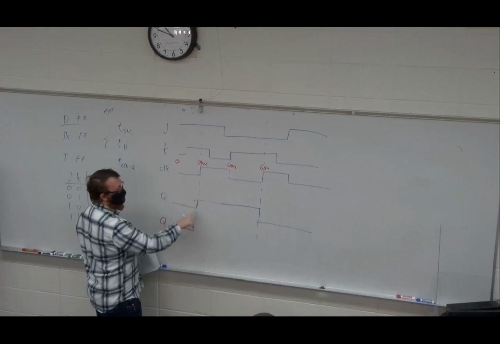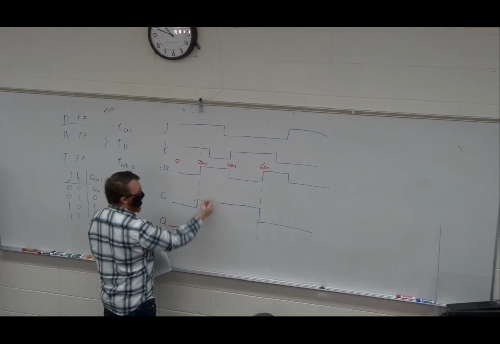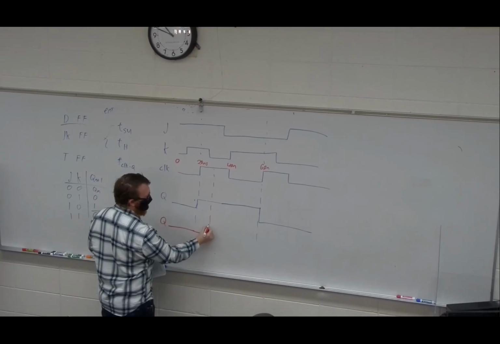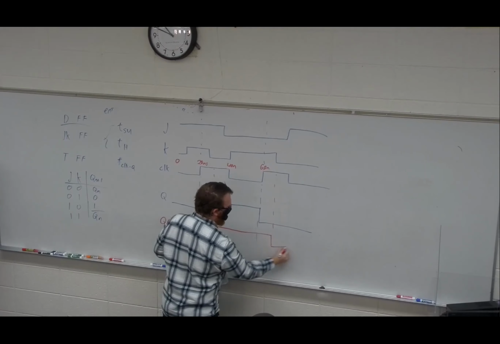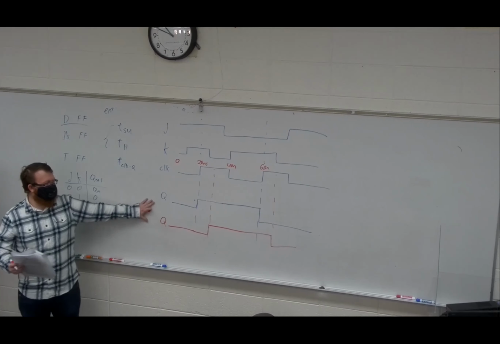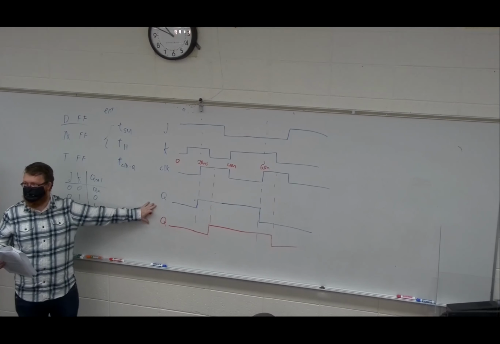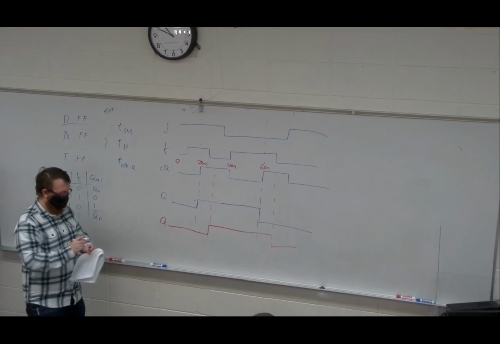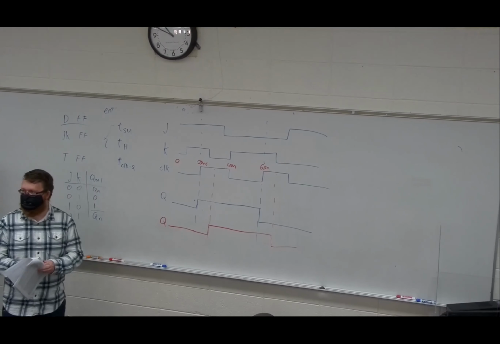This happens. We change from 0 to 1. We already know that. But the clock to Q is 10 nanoseconds. So that doesn't happen until here. So this red line is the visualization versus the blue line of clock to Q. That's our delay. Are we good if I erase this?